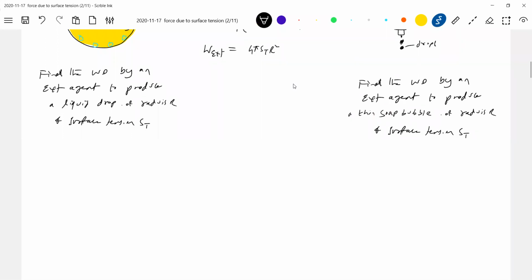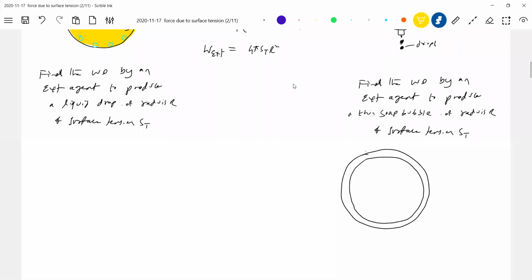A thin soap bubble means how will it be? I think this will be thin, not thicker. All of you have seen soap bubbles, please. If you have not seen them, purchase a bubble gun or something and make observations of all these bubbles.